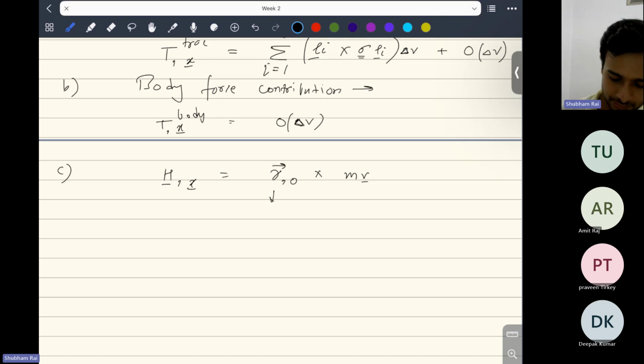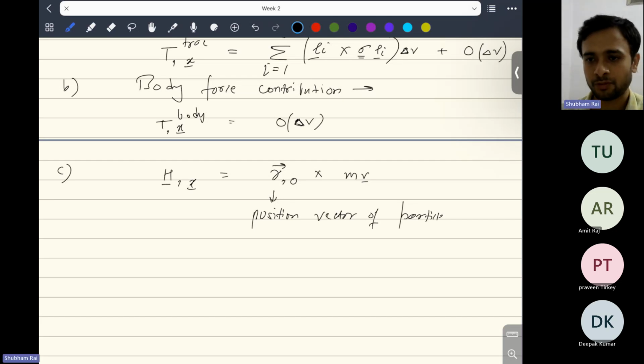So this r vector is nothing but the position vector of the particle for which we are finding the angular momentum, relative to the point about which we are finding the angular momentum.